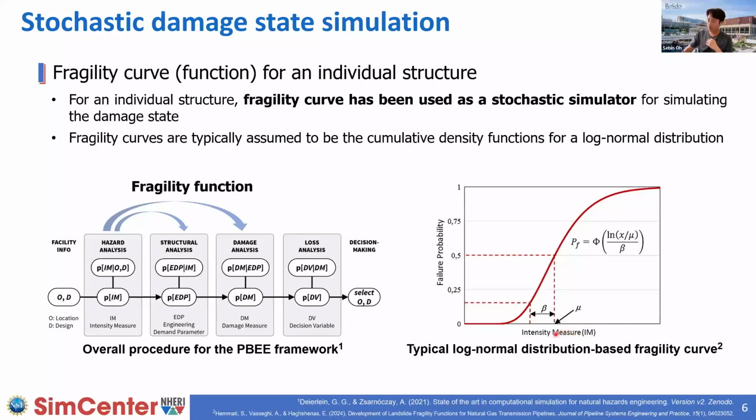So when the intensity measure of a ground motion is given, such as peak ground acceleration PGA or spectral acceleration SA, the fragility curve gives the failure probability of the structure. And you can generate samples of the response of the structure by following the failure probability given by this fragility function. Note that this is just for a single structure.